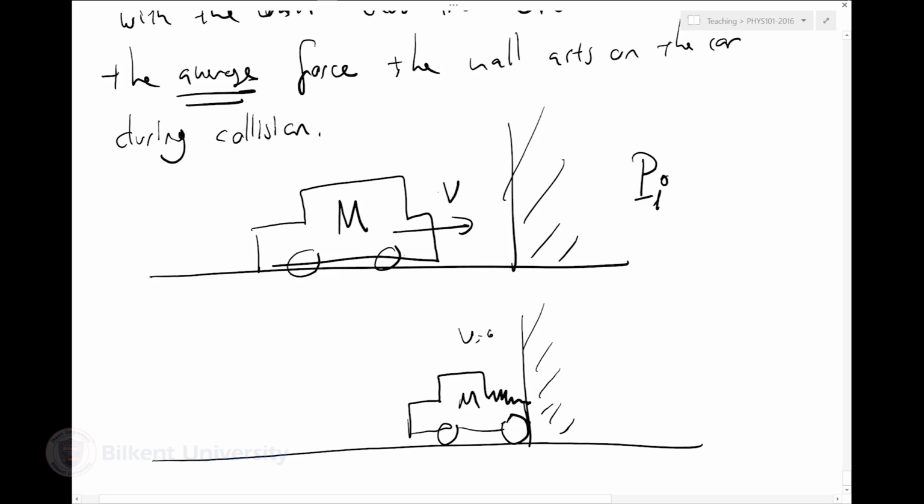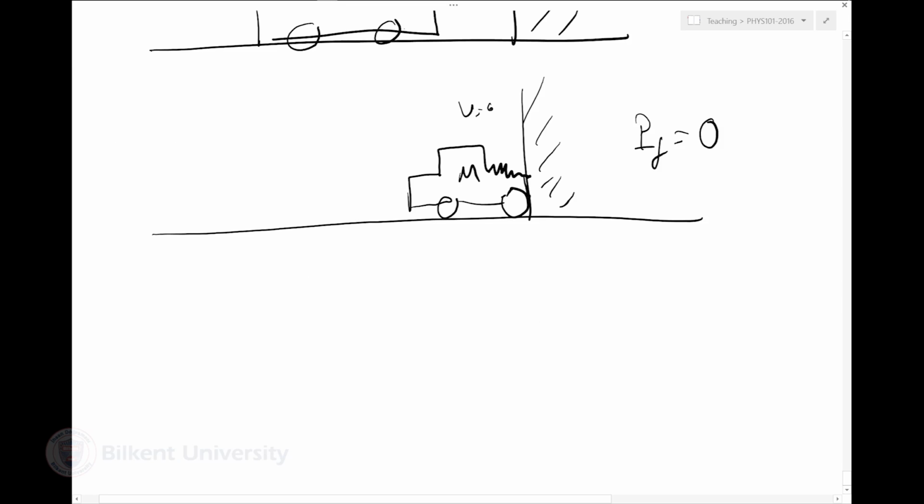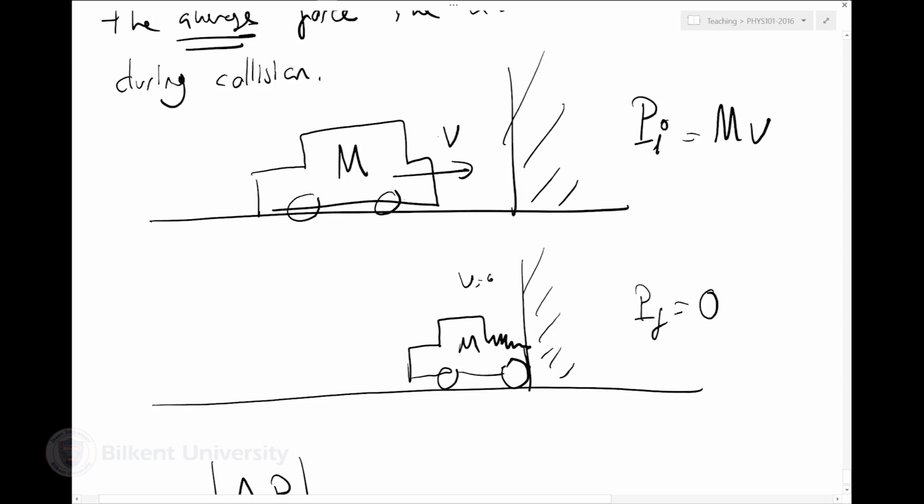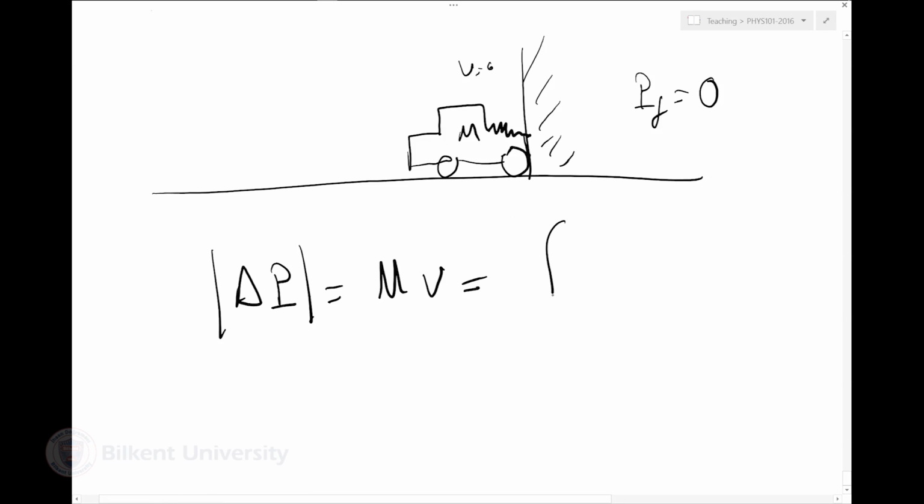My initial momentum is m times v. And my final momentum is 0. Right? So delta p, let's just look at the magnitude, is I've lost m times v of momentum. And that must be the integral of f of t dt during the collision.